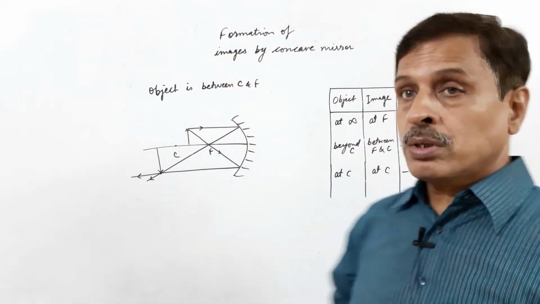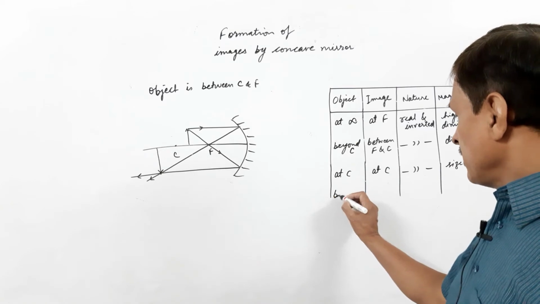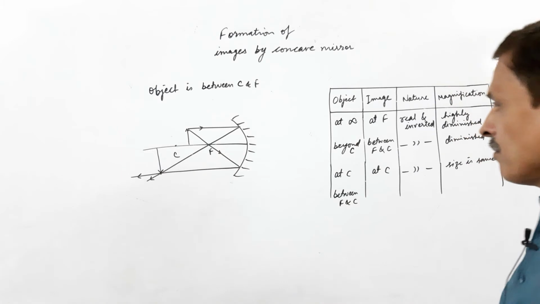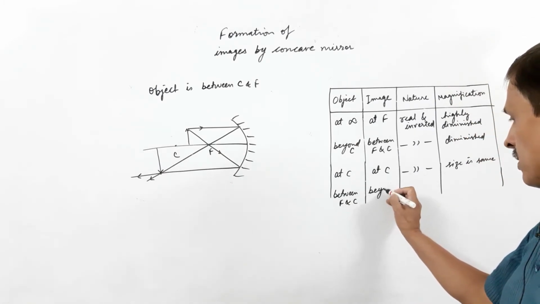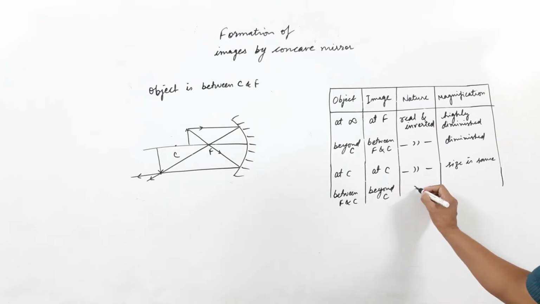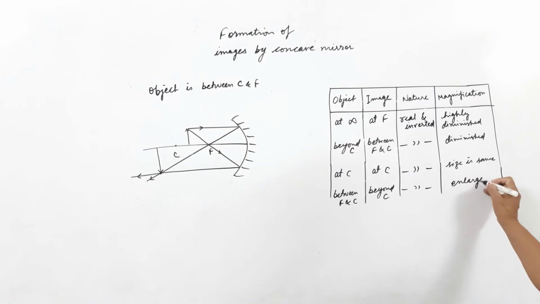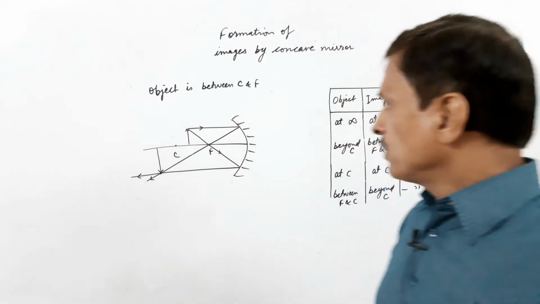This point is beyond C. So object between F and C, image is beyond the center of curvature, it is real and inverted and enlarged. That is, the size of the image is bigger than the size of the object.